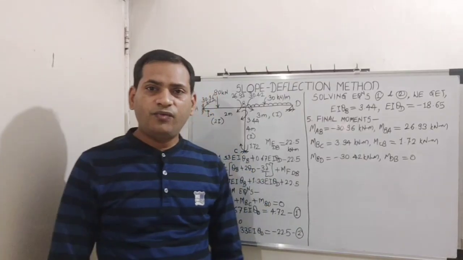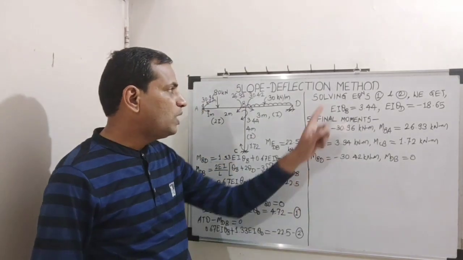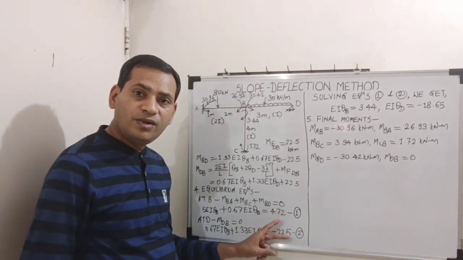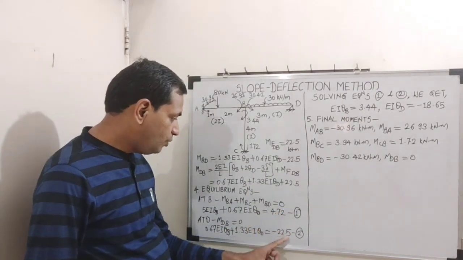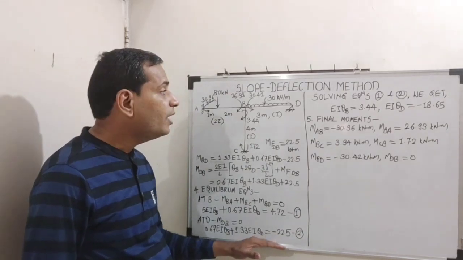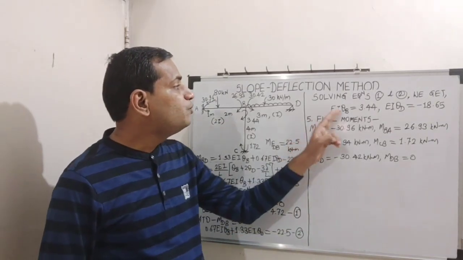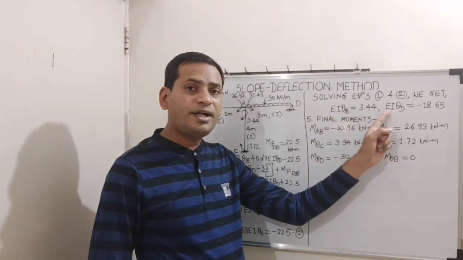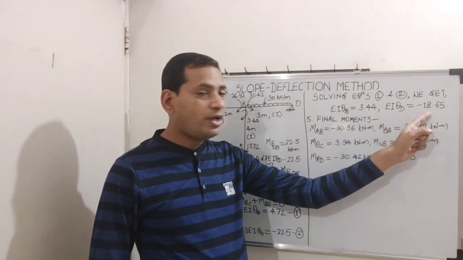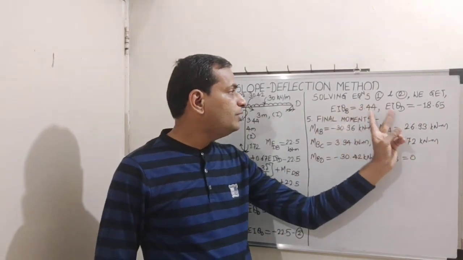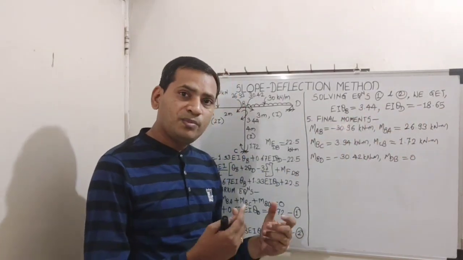So friends, we have found the 2 unknowns. I have given numbering to these 2 equations, equations 1 and 2, and I have solved these 2 equations simultaneously, and we got these 2 answers. EI theta B is 3.44, EI theta D is minus 18.65. So we have substituted these 2 values in step number 3.